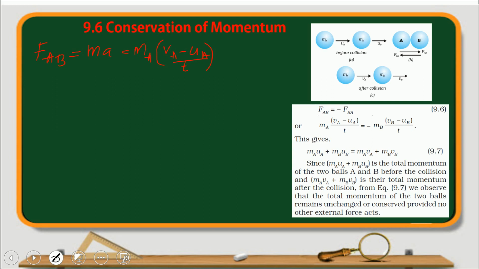Now what is FBA? FBA means, again the formula remains MA only. Here it is MB into VB minus UB upon T. Correct?